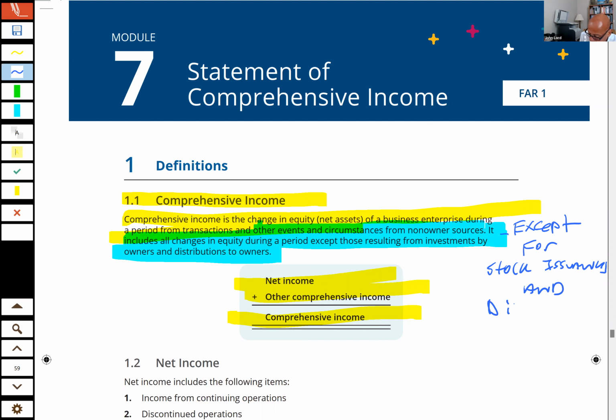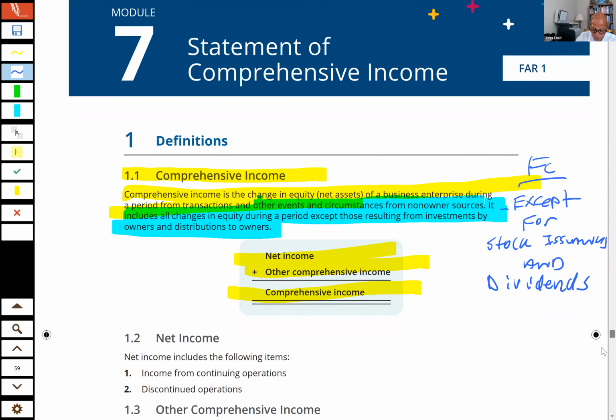Dividends. So just flashcard that, okay? So when you look at a question, they say, which of the following would constitute comprehensive income? It's anything that would change the stockholder's equity, net income, the other comprehensive income items that we'll talk about here in a second, anything that would change stockholders' equity except what? Except stock issuances and the issuance of dividends, okay?